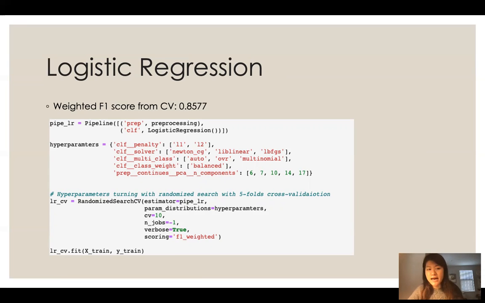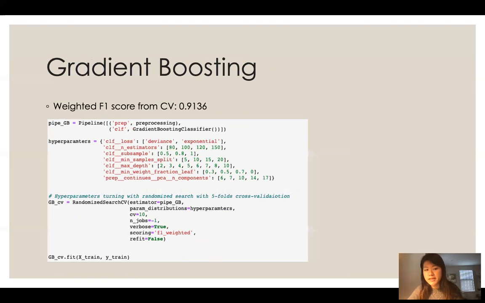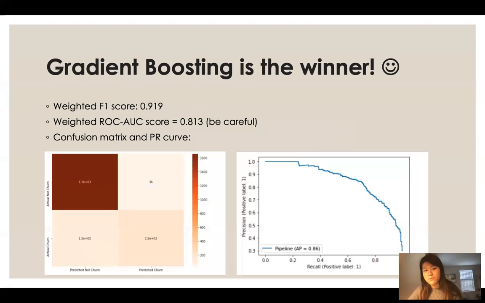As you can see, my baseline model, logistic regression, has the weighted F1 score of 0.665, whereas gradient boosting, which is my best model, has the score of 0.91. So of course my winner is gradient boosting.